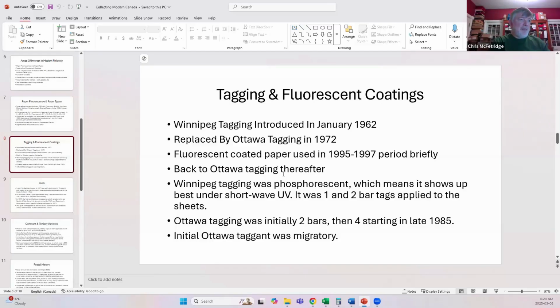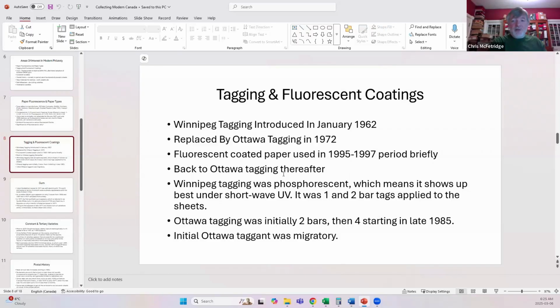So Winnipeg tagging, as I said, was phosphorescent. It was usually 2 bars on the side of the stamp, with the lower rate first class stamps having 1 bar in the center.